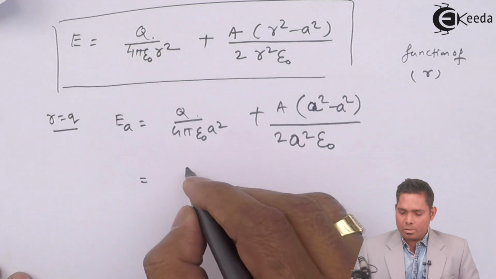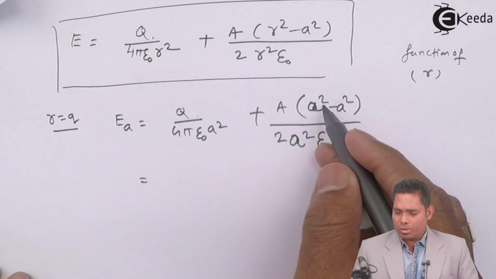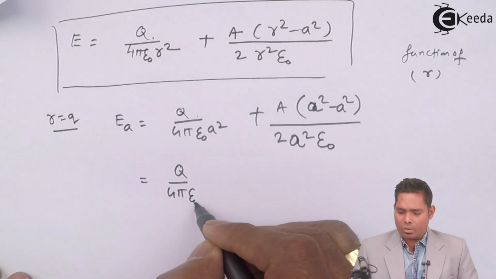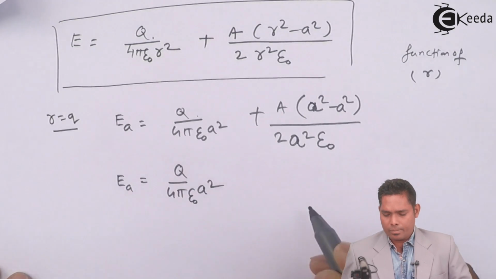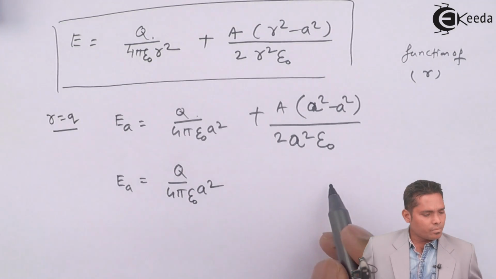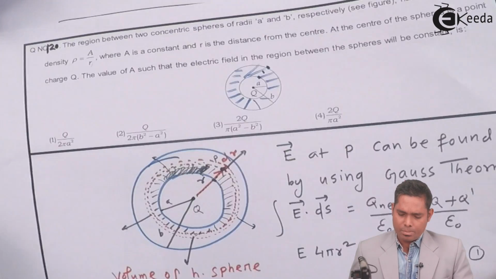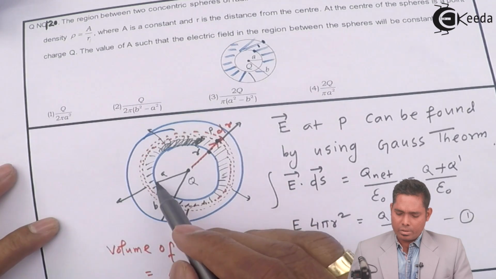If I solve that, this is 0, so this is q divided by 4 pi epsilon naught a square. This is the electric field at a, meaning at this point the electric field is this one.